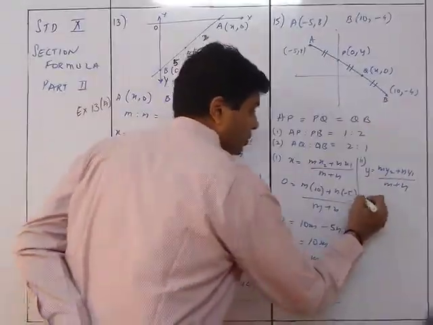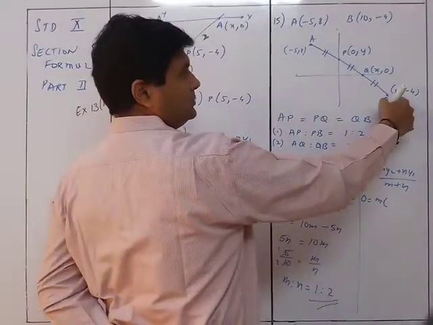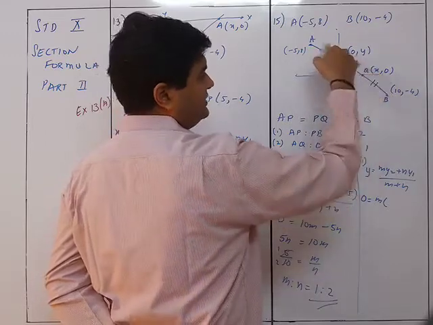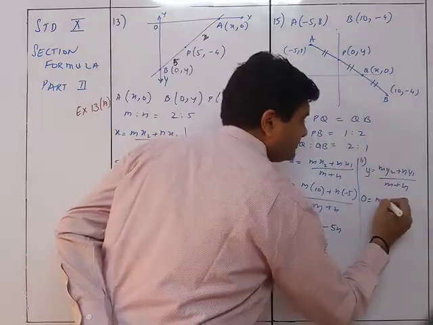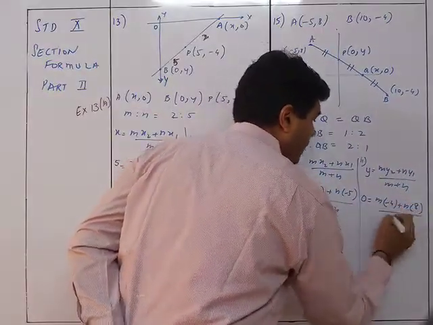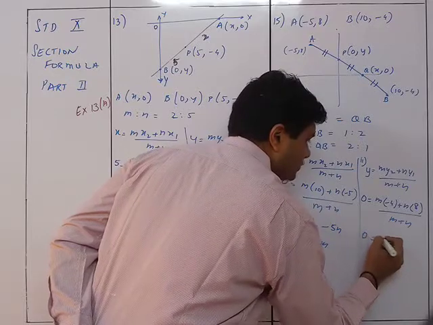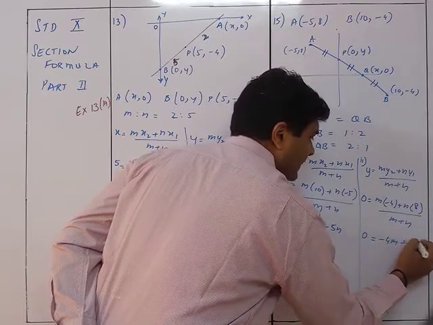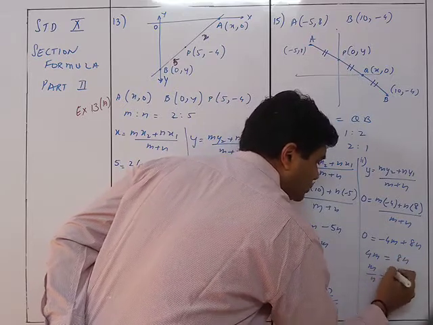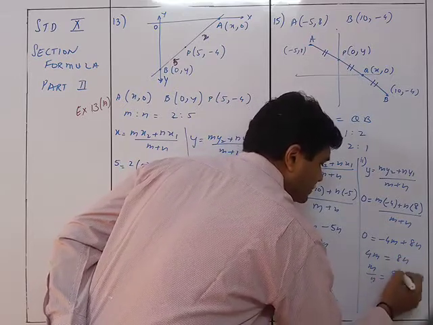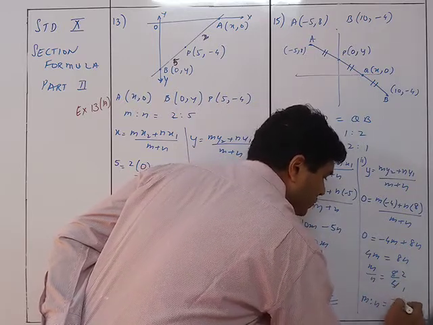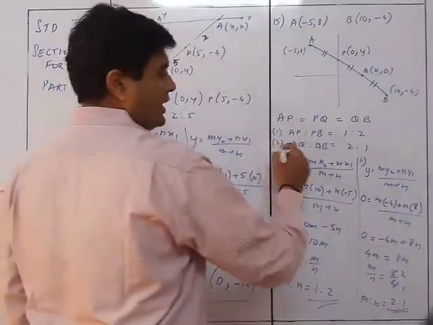So 0 is equal to m into y2, so here we are taking this and then this, so this is m into minus 4 plus n into 8 upon m plus n. So 0 is equal to minus 4m plus 8n. So 4m is equal to 8n. M upon n is equal to 8 upon 4, that's 2:1. So m is to n is 2:1. So that's hence proved.